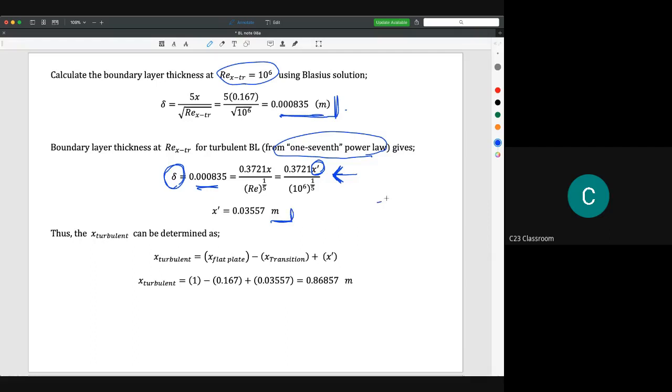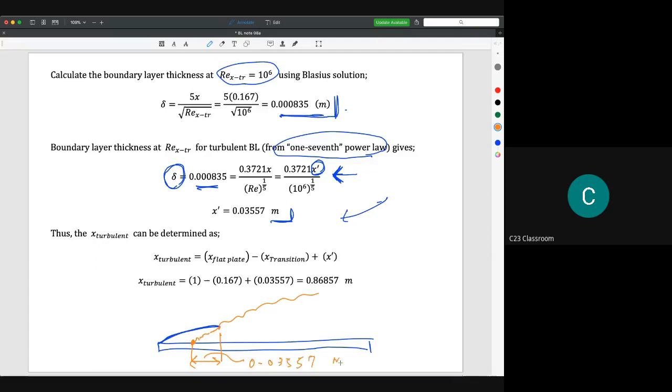The purpose of calculating this is to know the starting point of the virtual turbulent boundary layer. So this is the laminar boundary layer, and then we have the turbulent boundary layer like this one, but actually the turbulent boundary layer starts at a certain point here. From the above calculation, this distance is actually 0.03557 meters.